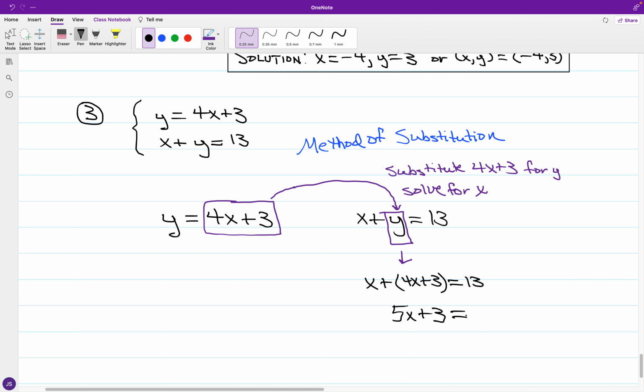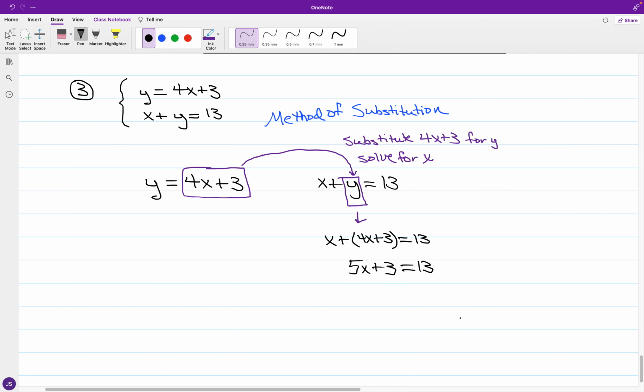Then we have 5x plus 3 is equal to 13. Now if I take 3 away from both sides, we have 5x is equal to 10, and with division by 5, we're going to have x is equal to 2.